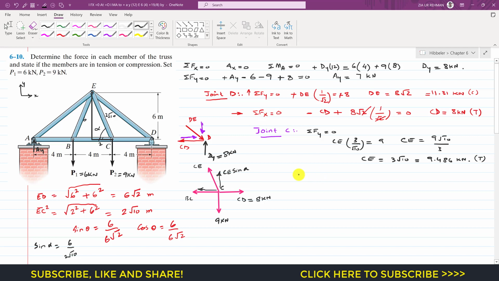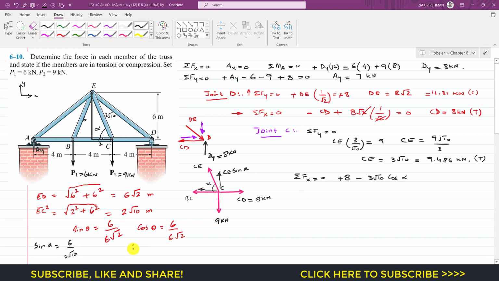Now if we apply the summation of forces along x equals to 0, again this CD is acting in the positive x, so I will write it is 8 kilonewton minus this cos component of CE, so CE is 3 square root 10 cos of alpha. So this is alpha, remember, right?